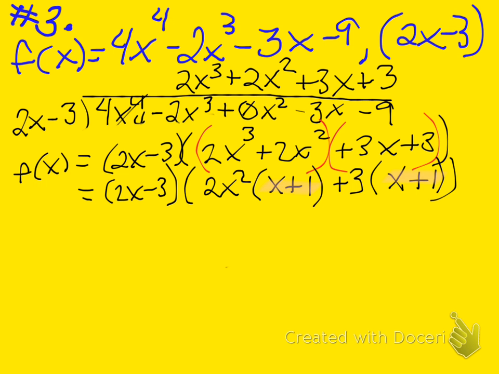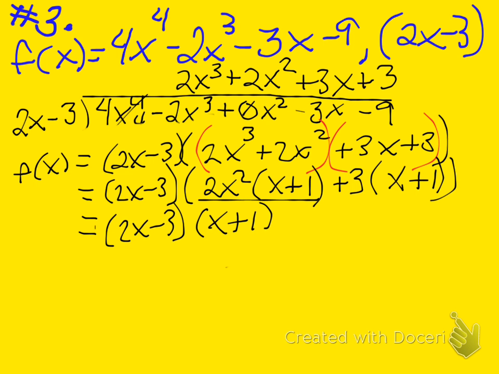So what I'm going to do is factor out the x plus 1. Let's bring it down again. So I know my 2x minus 3 is a factor. I'm going to pull out the factor x plus 1 from these 2 terms.